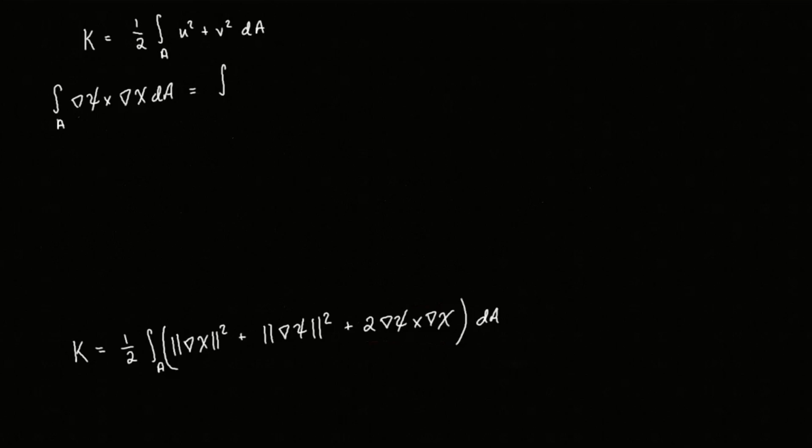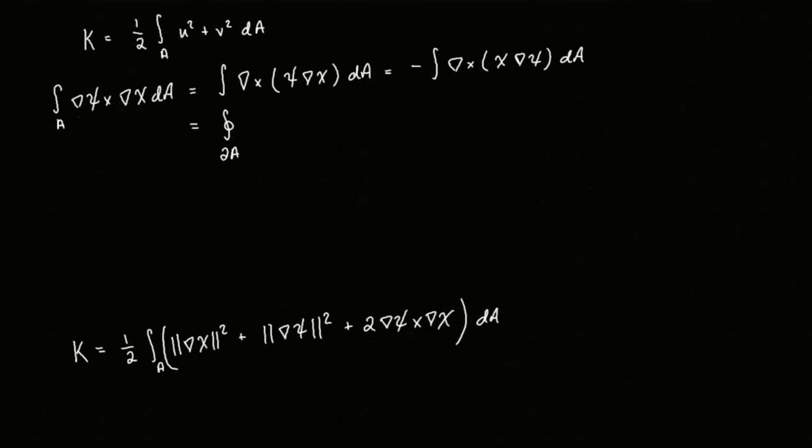We can either write it as the curl of psi grad chi or we can write it as the minus curl of chi grad psi. And we can use Stokes' theorem to convert that area integral into a boundary integral.